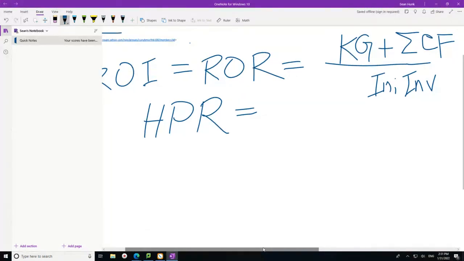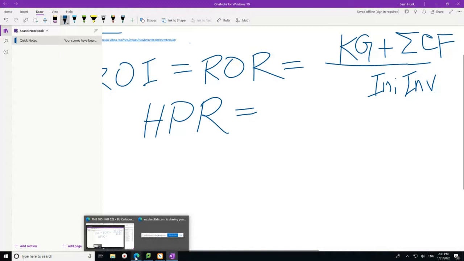Let's say in that particular example I used house value, I believe starting from part 3.